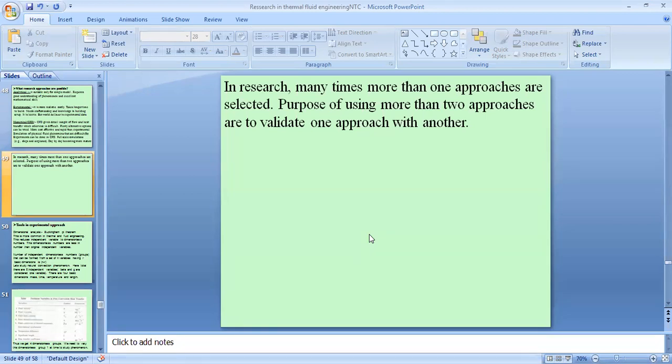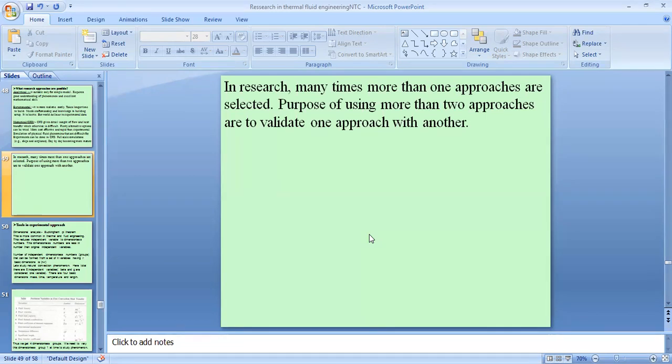You should use at least two approaches: major work experimental and minor numerical, or major numerical and minor experimental. We have to cross check. Please understand, whatever we do, we should cross check. That is very important.